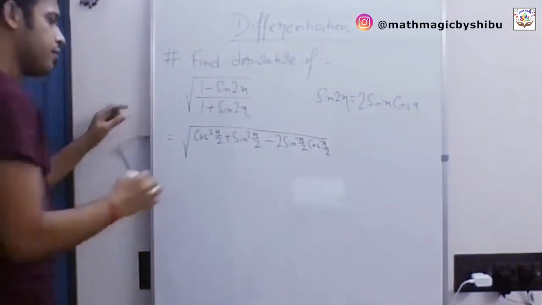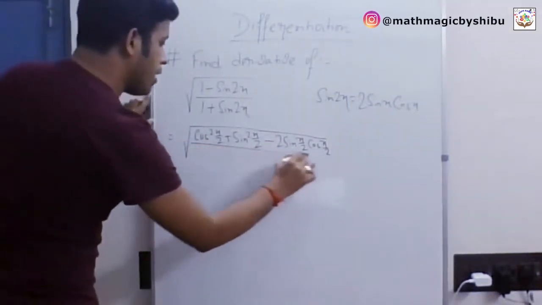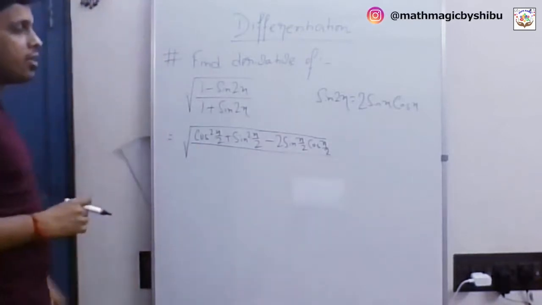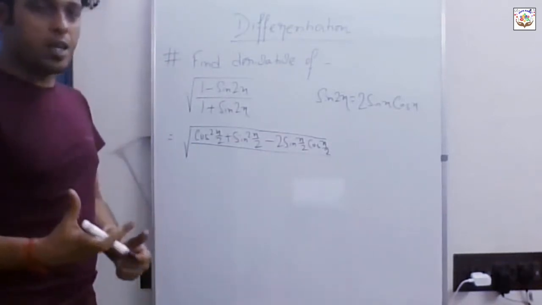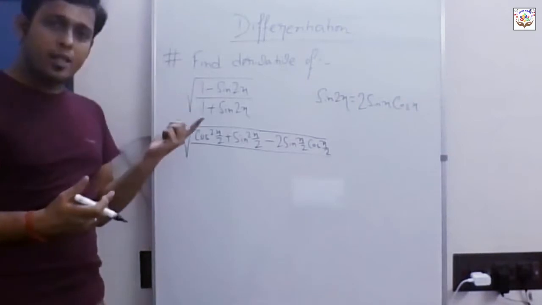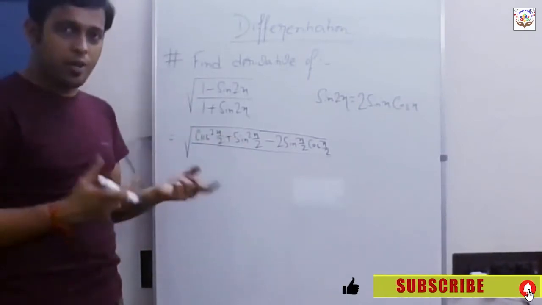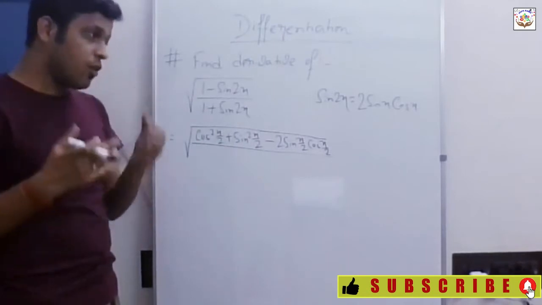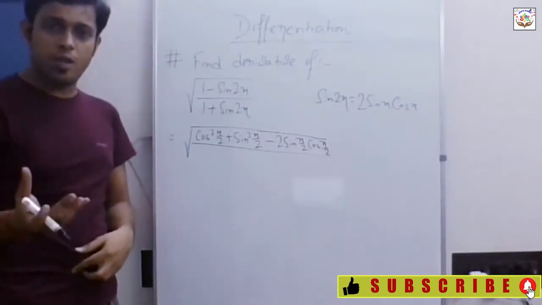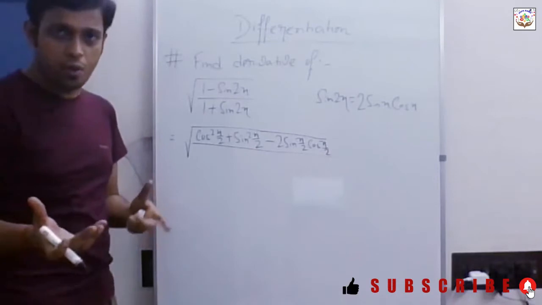Now you must be wondering why I am making the problem more complicated, because it was already 1, and in place of 1 I have written cos square x by 2 plus sin square x by 2. I hope it is known to you that cos square theta plus sin square theta equals 1 as per basic trigonometry.